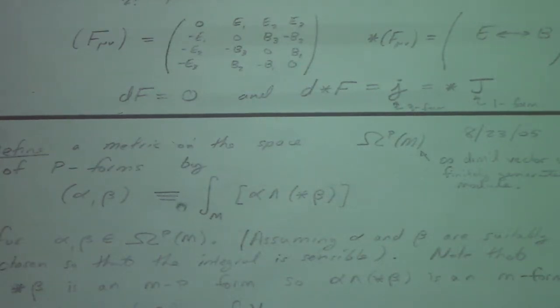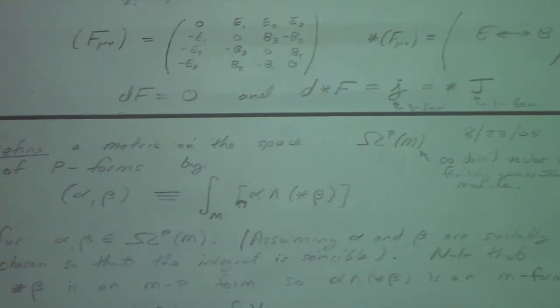So you can define an inner product on p-forms by integration over the manifold like this. You take the integral over the manifold of the wedge product of alpha with the Hodge dual of beta. For this integration to make sense, there has to be some assumption that the forms are not non-zero too much if m is big.